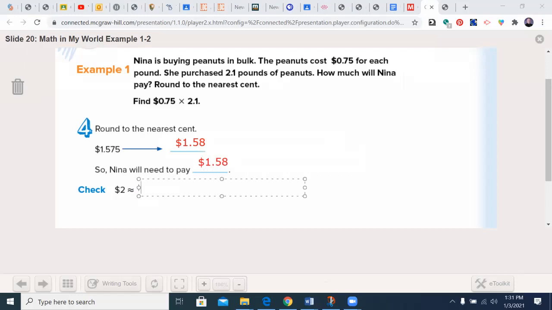And $2 isn't far off from, you guessed it, $1.58. Make sure this is written in here on the bottom of 403 before we move on to the top of the next page, which is 404. A few more seconds. All right, I'm going to go ahead and clear the drawings.